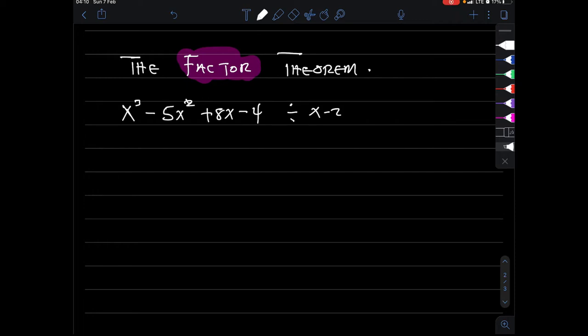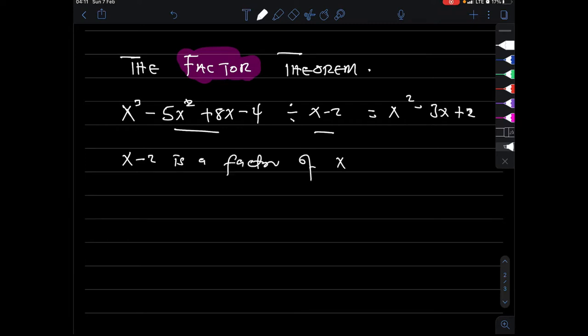Because when you actually divide, your answer should be x squared minus 3x plus 2. Now there is no remainder, so that means that x minus 2 is a factor of x cubed minus 5x squared plus 8x minus 4. The fact that there is no remainder means it's a factor.